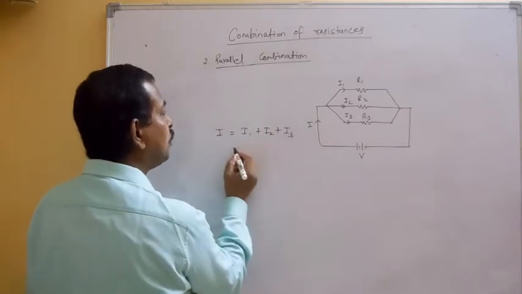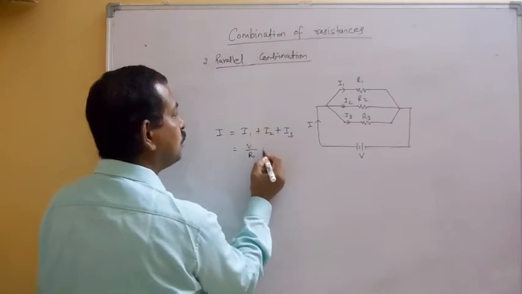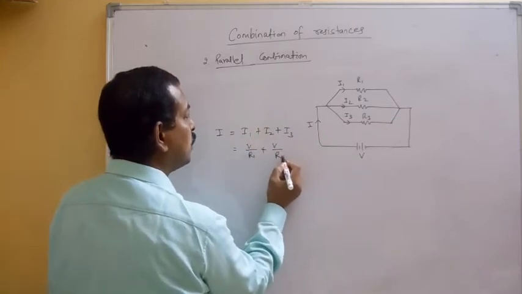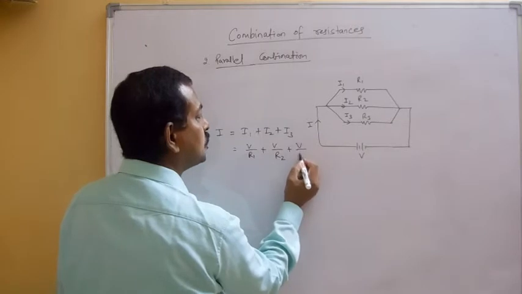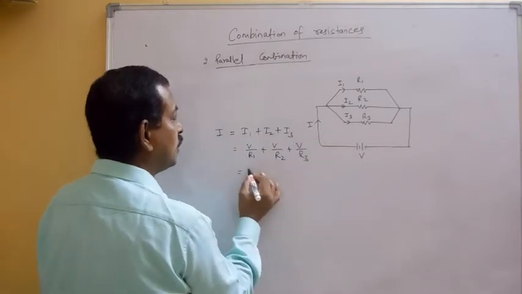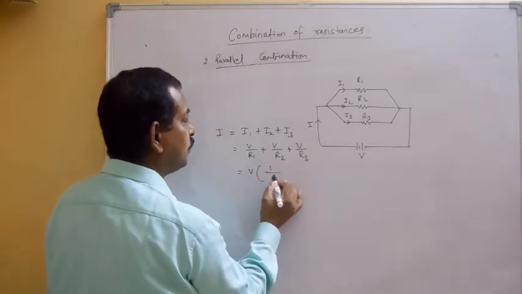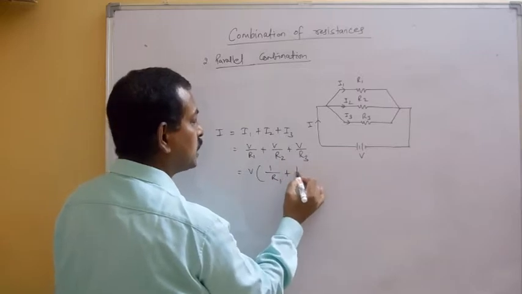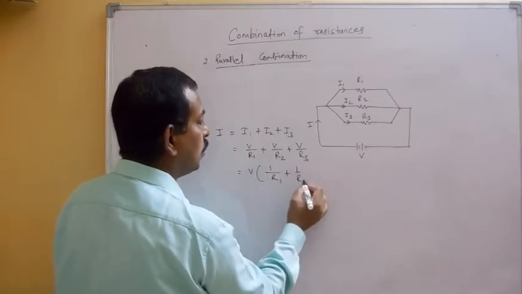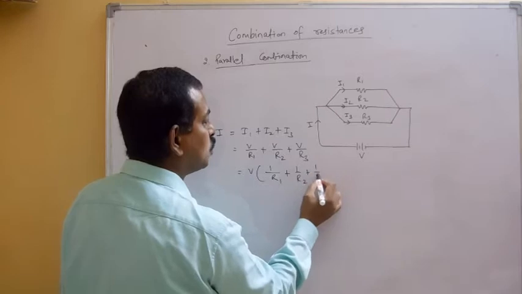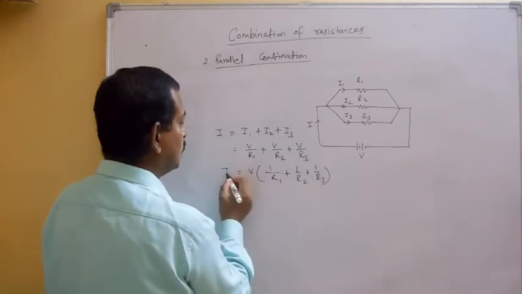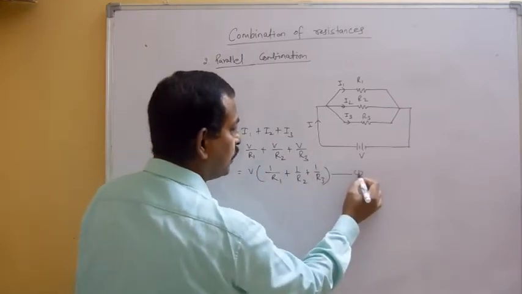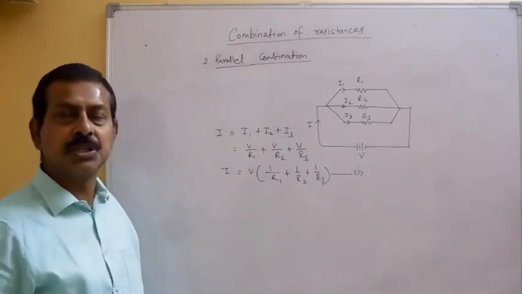And I1 we can write as V by R1, I2 as V by R2, I3 as V by R3. So it is V times (1 by R1 plus 1 by R2 plus 1 by R3). This is the expression for I, and we call this equation number 1.